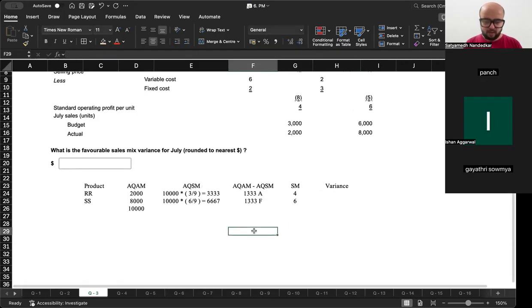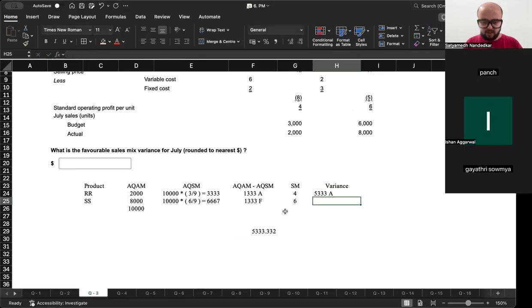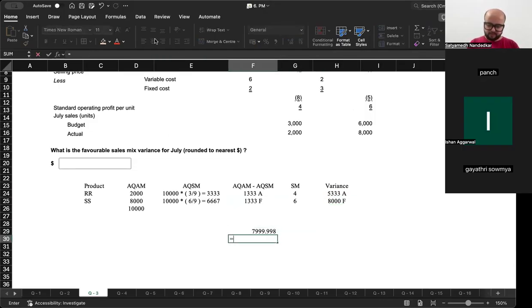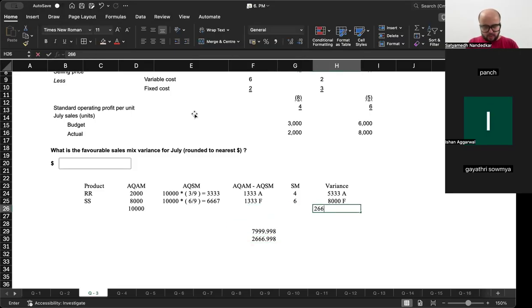So 1,333 into 4 is 5,333 adverse, and 1,333 into 6 is 8,000 favorable. I rounded it off. They are asking you to round it off to the nearest dollar. So what is the difference? 2666 point whatever. So it will become 2667 favorable variance.